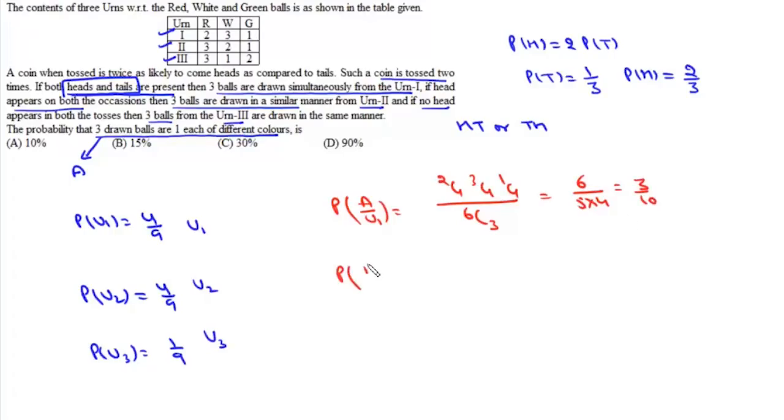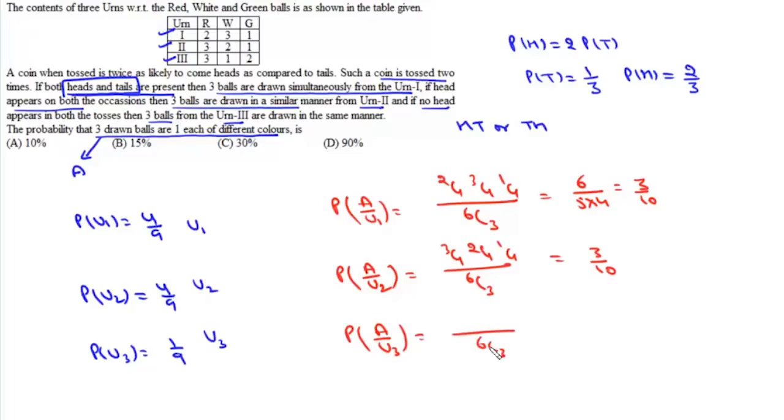In the same way, probability of A given U2: in U2 we have again 6 balls, so 6C3, and here we have 3C1, 2C1 and 1C1, which again is 3 by 10. For the third one also we get the same result: 6C3 and here we have 3C1, 1C1 and 2C1, the same combination, so it is again 3 by 10.